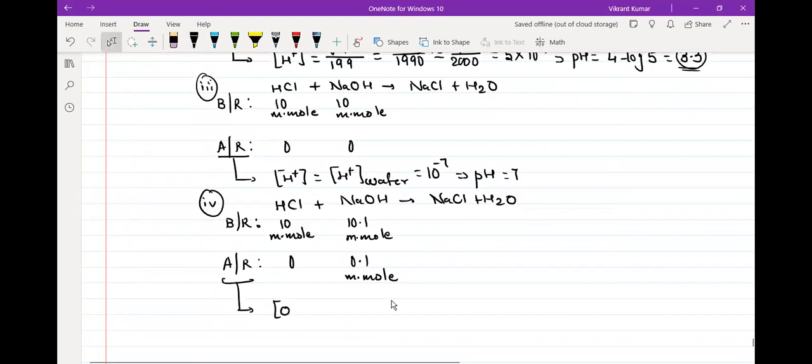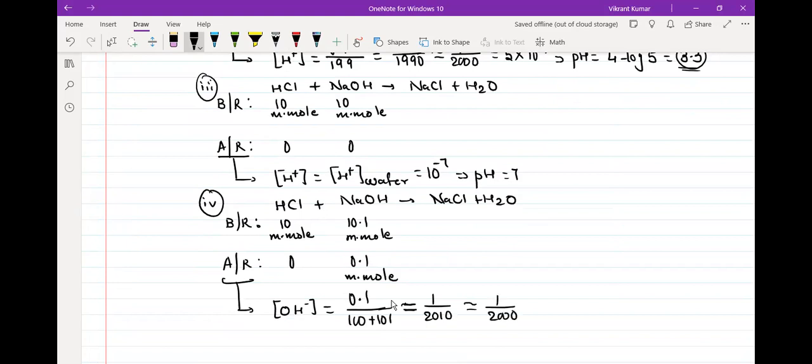So OH minus will become 0.1 upon 100 plus 101, which is 201, very close to 1/2000 जैसा ले लेंगे. So that will give you 5 into 10 raised to minus 4. So this time pOH is 3.3. So pH has become 14 minus 3.3, and that is 10.7.